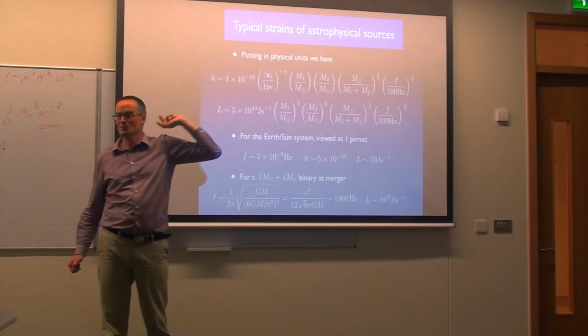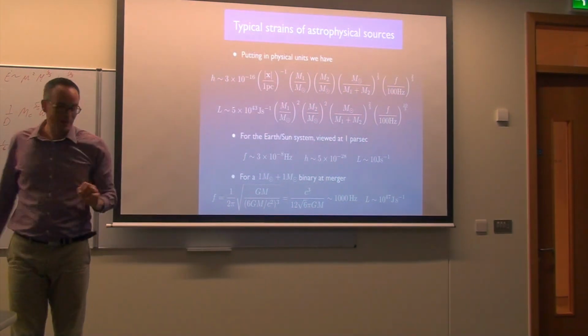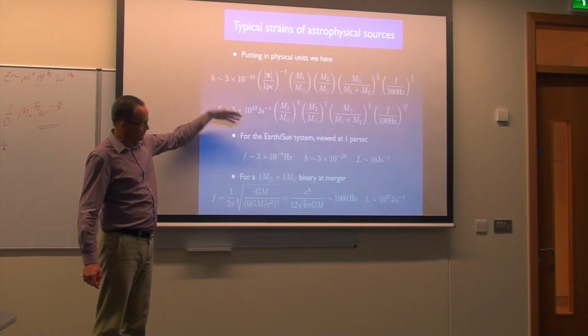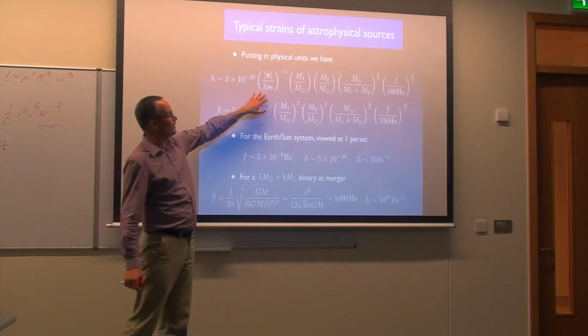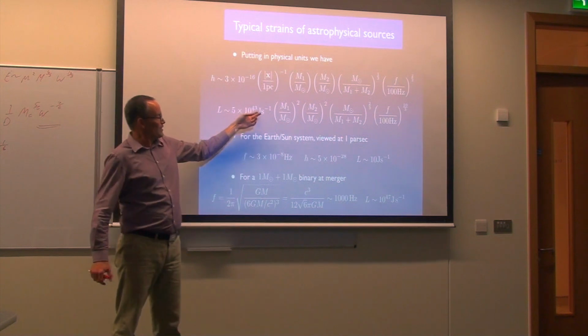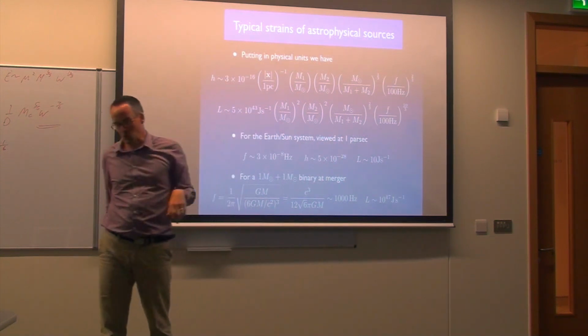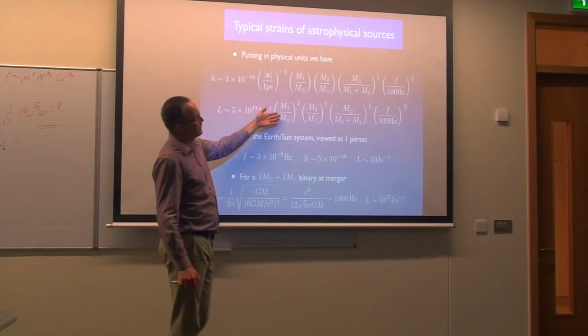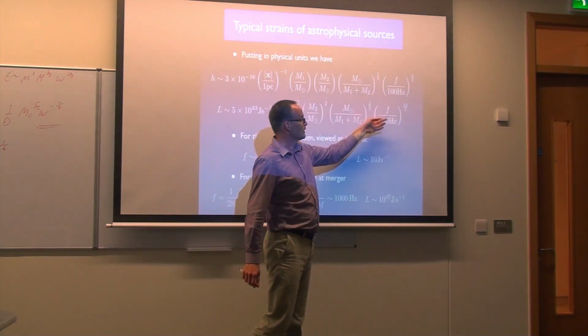We don't expect to have inspirals that close to us, so we'll never see something of order 10 to the minus 16, but you can scale it to other distances. The luminosity is of order 10 to the 43 joules per second, again for a 1 solar mass binary close to merger.